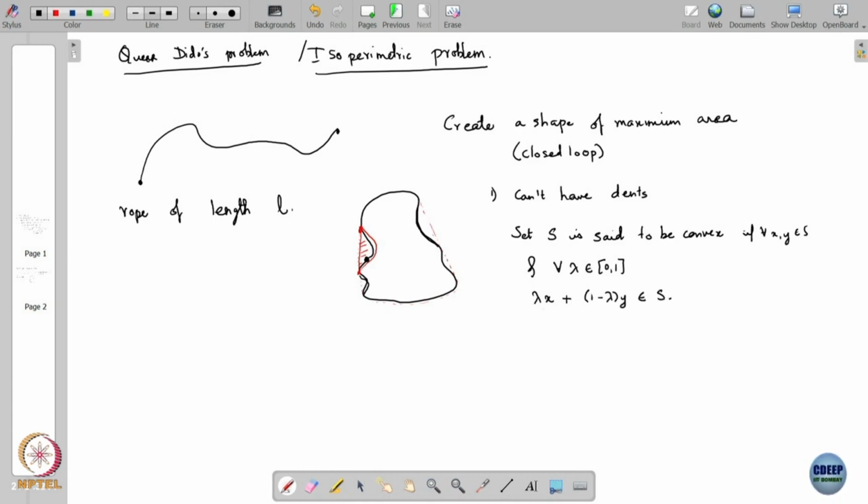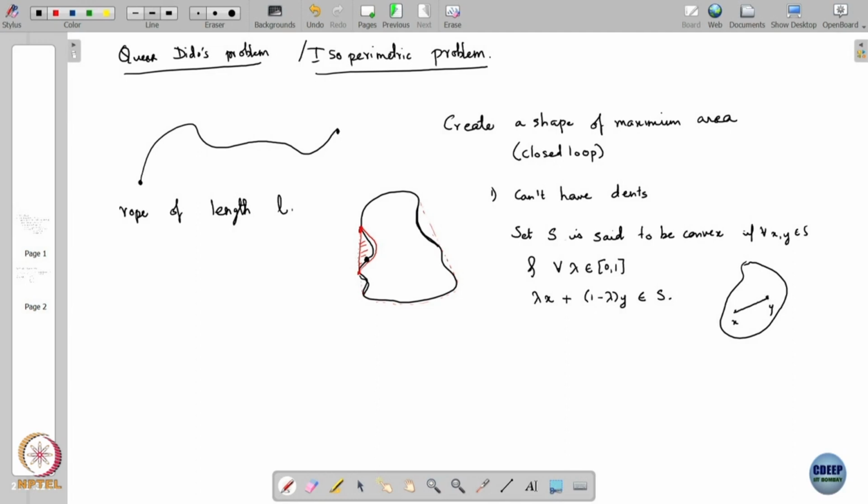Now, what is this? You've taken some set S, and here are 2 points x and y in it. As lambda goes from 0 to 1, what are we spanning here? We are spanning the entire segment joining x and y.